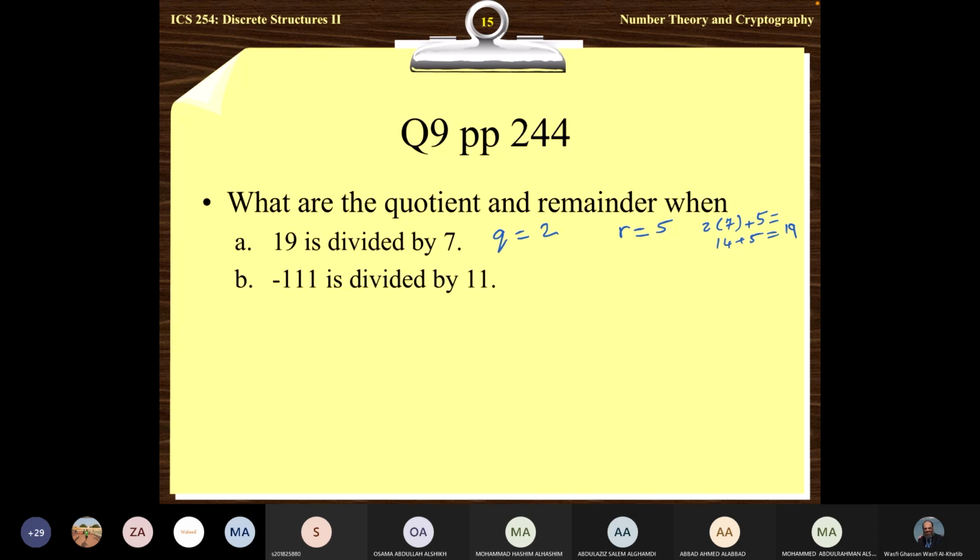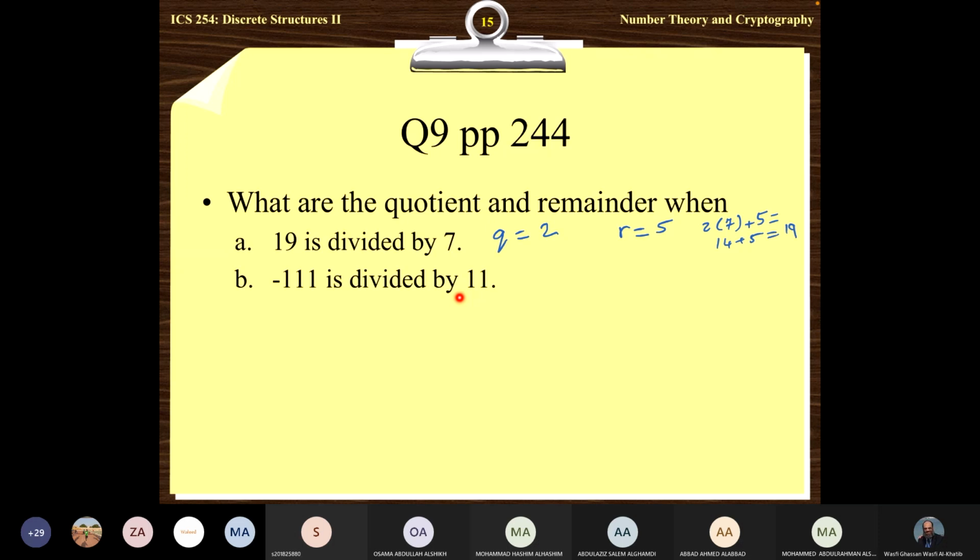On the chat, first of all, is this a correct question? What is the quotient and remainder when minus 111 is divided by 11? Yes, it should be positive. The only thing that needs to be positive is what? Not the remainder, but basically it's the D, which in our case is the 11.